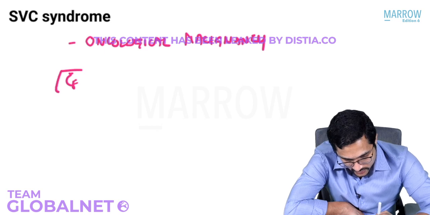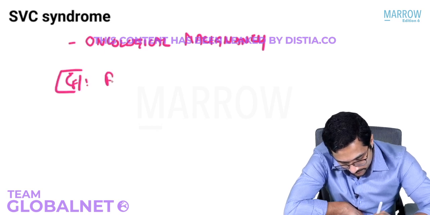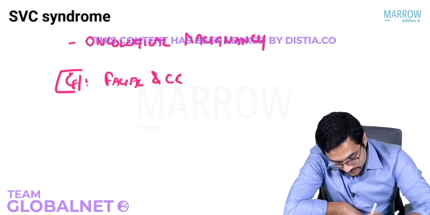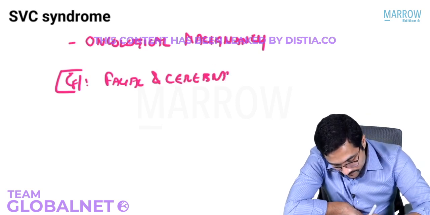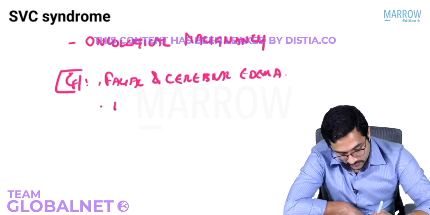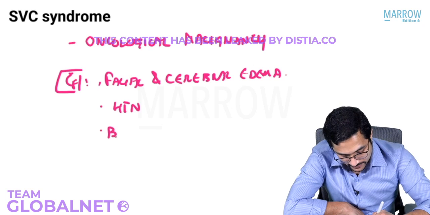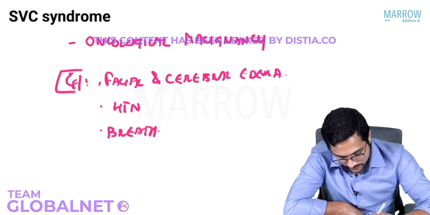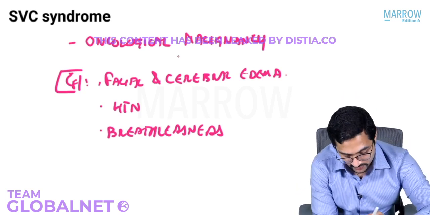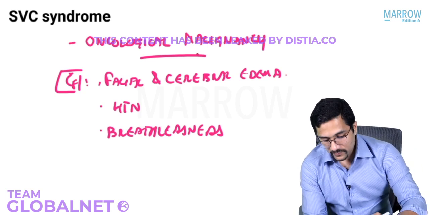The clinical features with which patients come to us are facial and cerebral edema. These patients can also come with hypertension and breathlessness. And on imaging, you will see a thrombus in the superior vena cava when you do a CT.